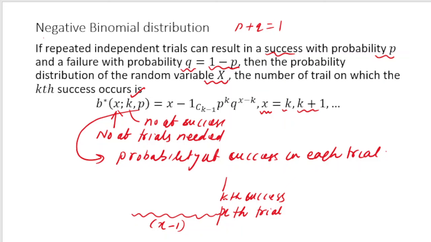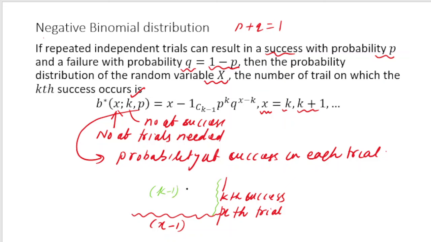And in these x minus 1 trials, how many successes have already happened? k minus 1 successes have already happened.